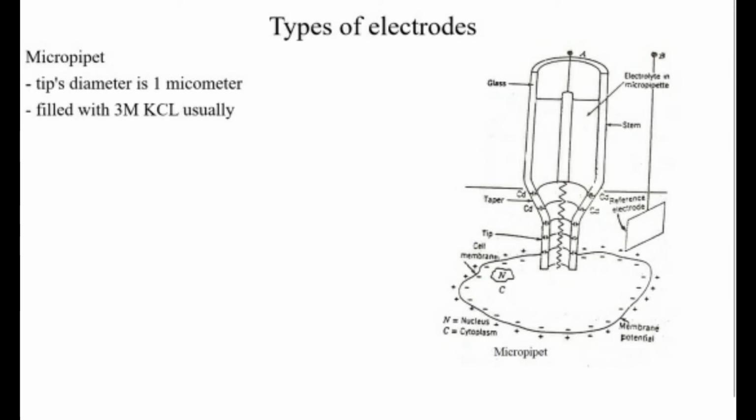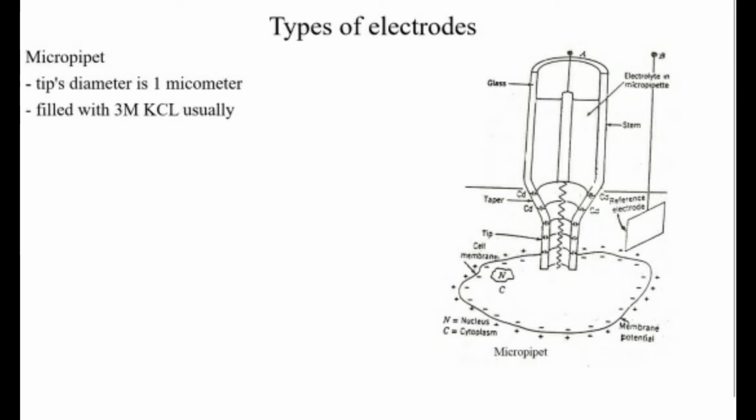A thin flexible metal wire of chlorided silver, stainless steel or tungsten is inserted into the stem of the micropipette. The friction between the wire and the stem of the micropipette and the fluid surface tension hold the micropipette on the wire.